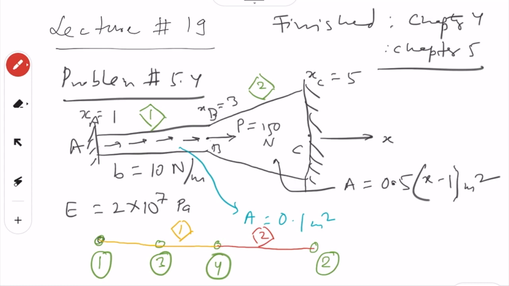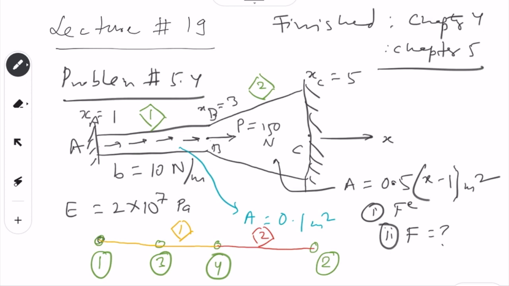What do we have to find out? The questions are: construct the element body force matrices and assemble them to obtain the global force matrix. So basically we have to find the force vector F, first the element force vectors and then the global one.